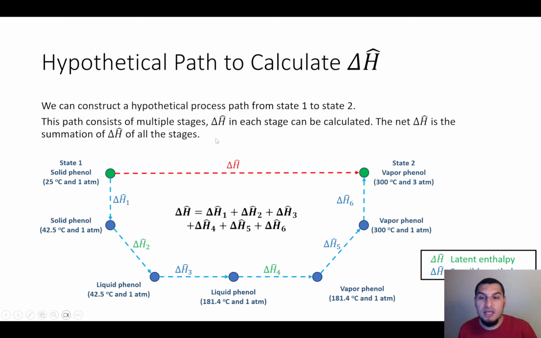For example, I can make one step where the temperature and pressure are changing. If I can, I can do this, but I cannot do the calculations. So it doesn't matter what shape of hypothetical path you are going to use. It matters that the path is a valid path. As long as you can calculate each one of these segments, then it's fine. So this is a very, very important concept that we need to understand.